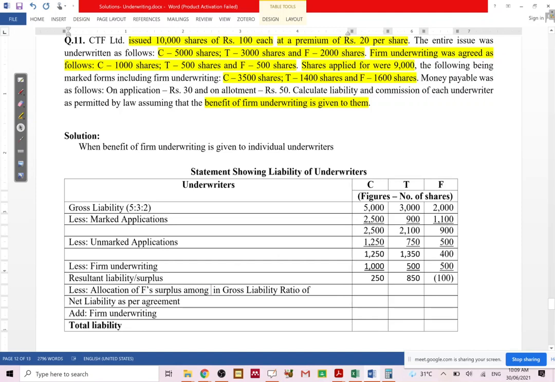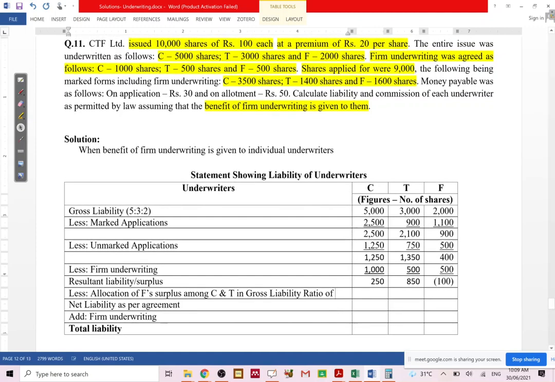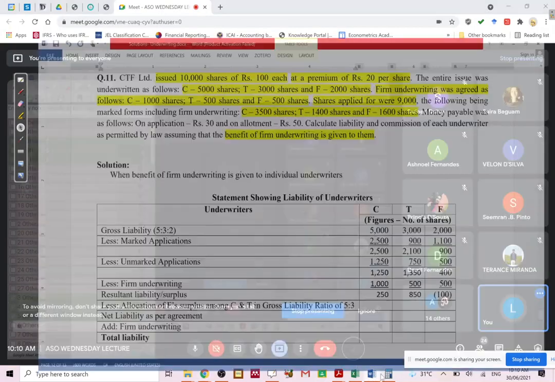This is distributed among which two people? C and T. In what ratio? Now, which ratio is left? The 3 people's ratio is 5:3:2. Now, F already has a surplus, so don't take F. The remaining 2, their ratio remains 5:3. So, distribute the 100 in 5:3 ratio.